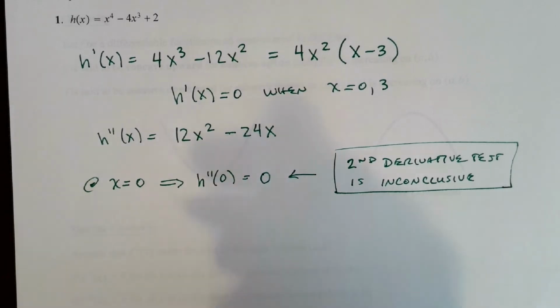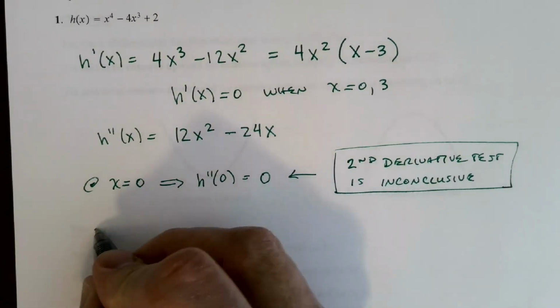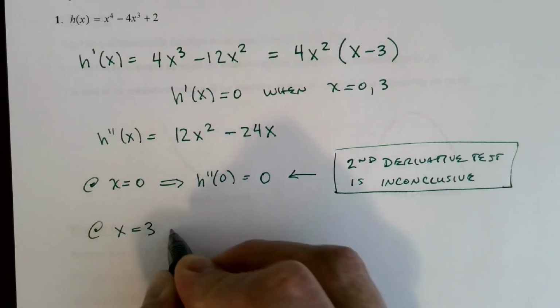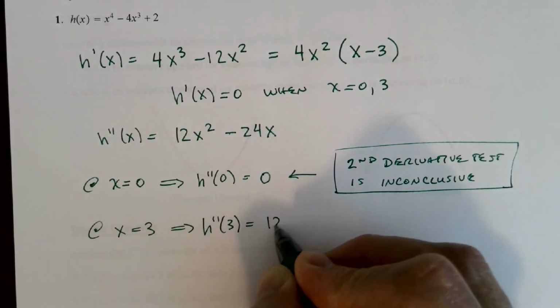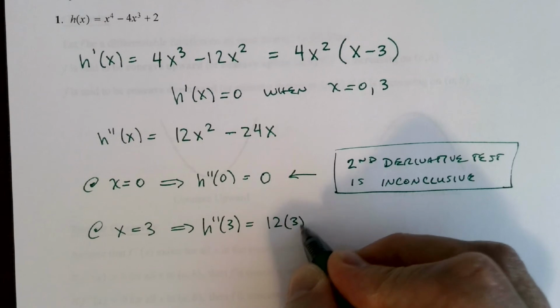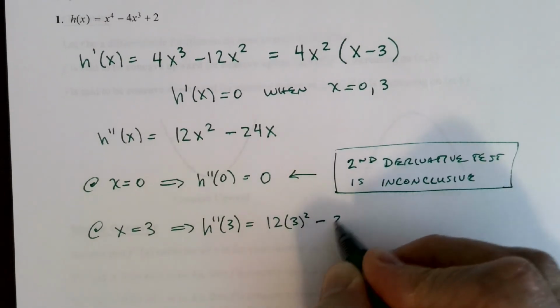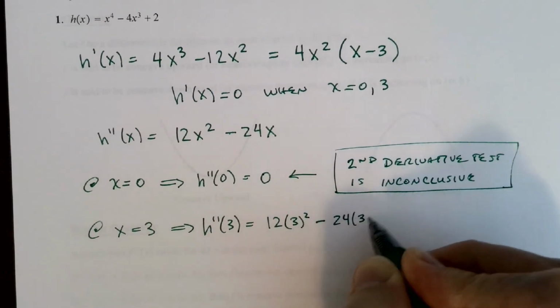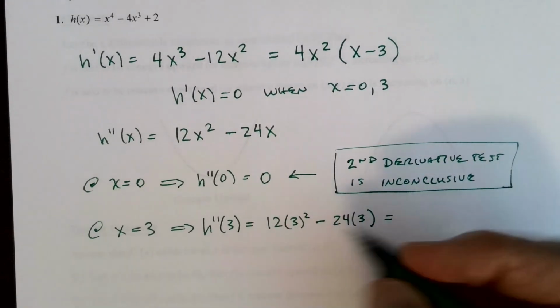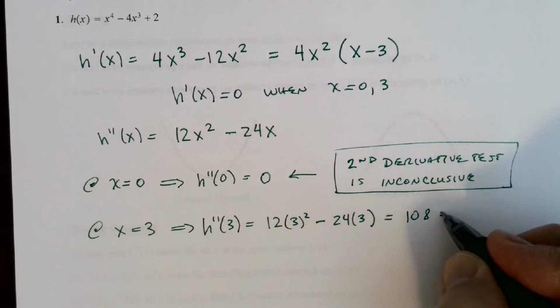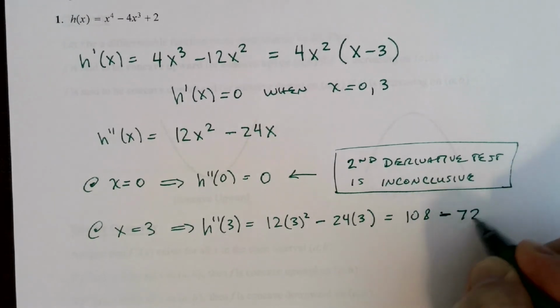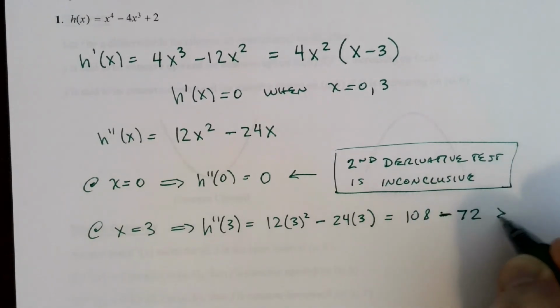Okay, whether we have a max or a min, or neither. At x equal 3, though, what do we get? 12 times 3 squared, 12 times 9, minus 24 times 3. 9 times 12 is 108. 24 times 3 is 72. 108 minus 72 is greater than 0.